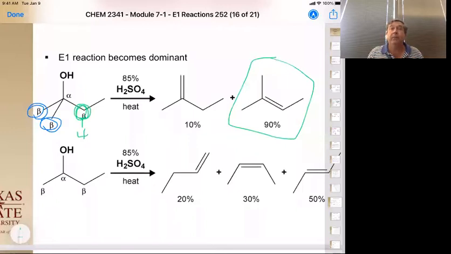There's no SN1 product in this because we don't have any nucleophiles. All we have is a very weak nucleophile and a base. So when we do the dehydration of alcohols, we don't have to worry about that SN1. It only goes through the E1 elimination, and it only gives alkenes in its product ratio. So this is much more synthetically useful to produce an alkene than to use an alkyl halide.